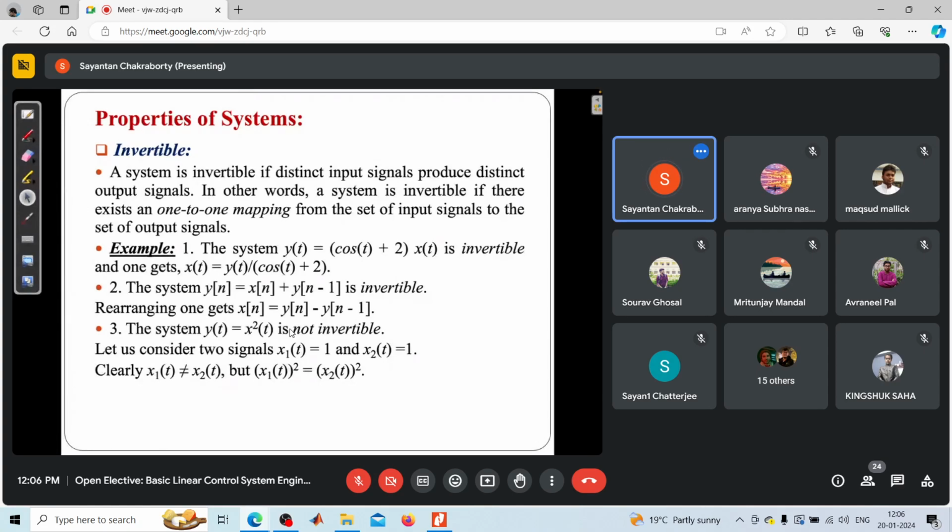Clearly, the two inputs are not equal, so there is no one-to-one mapping. So it is not an invertible system. Two different input signals will produce the same output, so we cannot predict from the output what the input signal is. That is why it loses invertibility.